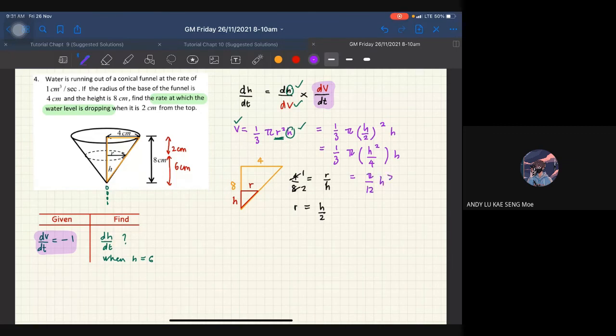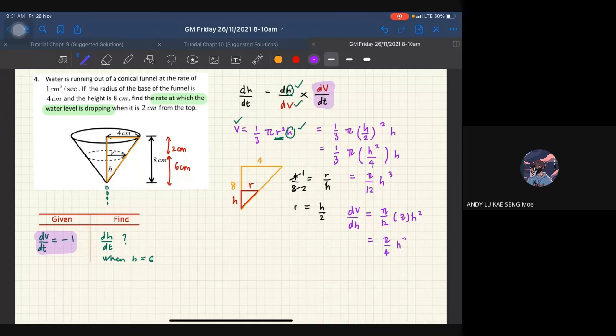So saya pakai warna hitam balik. So dH dt is equal to pi over 4 h square times dV dt is -1. Okay, so you will get here is pi over 4 negative h square. Okay, tapi dibagi spesifik kat situ when h is equal to 6.